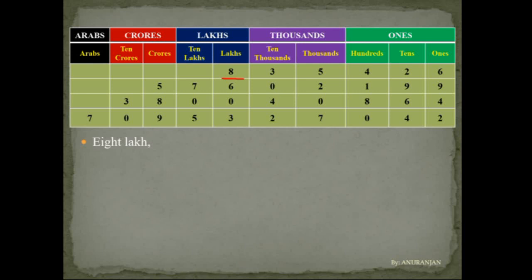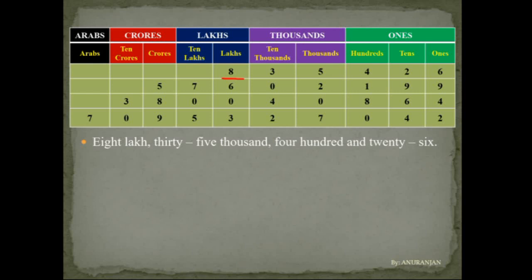So 3 and 5 together is 35. So 35,000 is the next number. And then we are left with 4, that is in hundreds place, so 400. Then 2 in tens place, so 20, and 6, 26. So the number in words is 8,35,426.